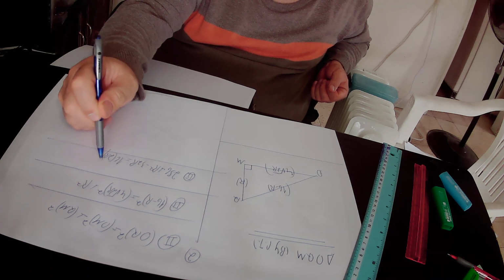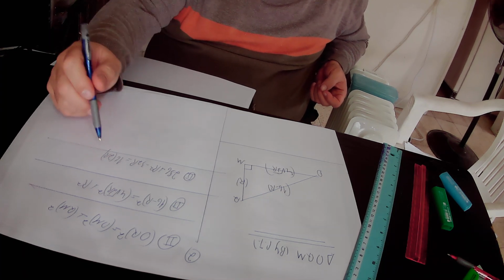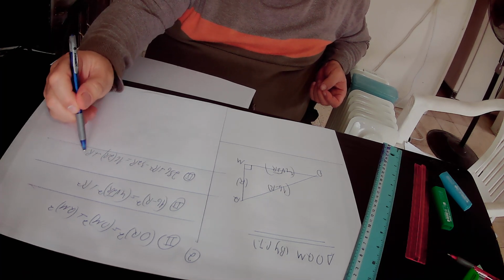Why? Because the power cancels the root, and we are left with 16 times 2R plus R square.